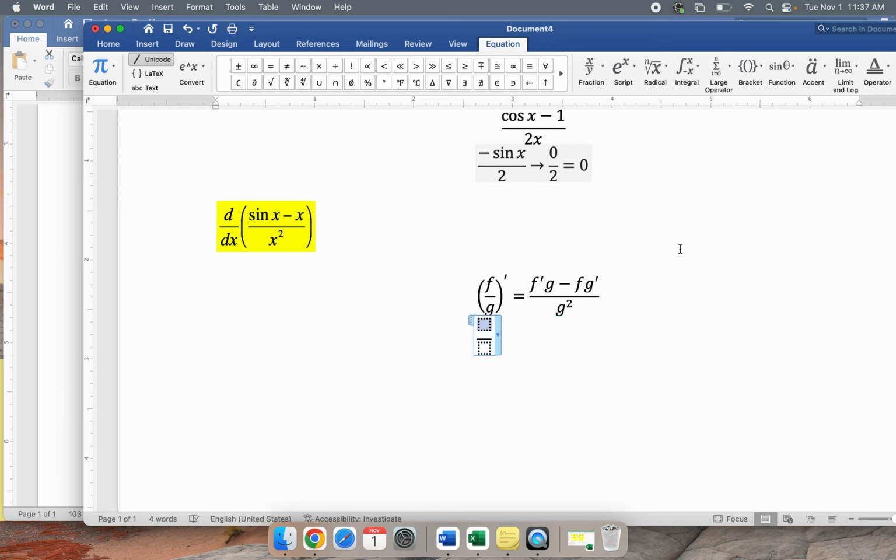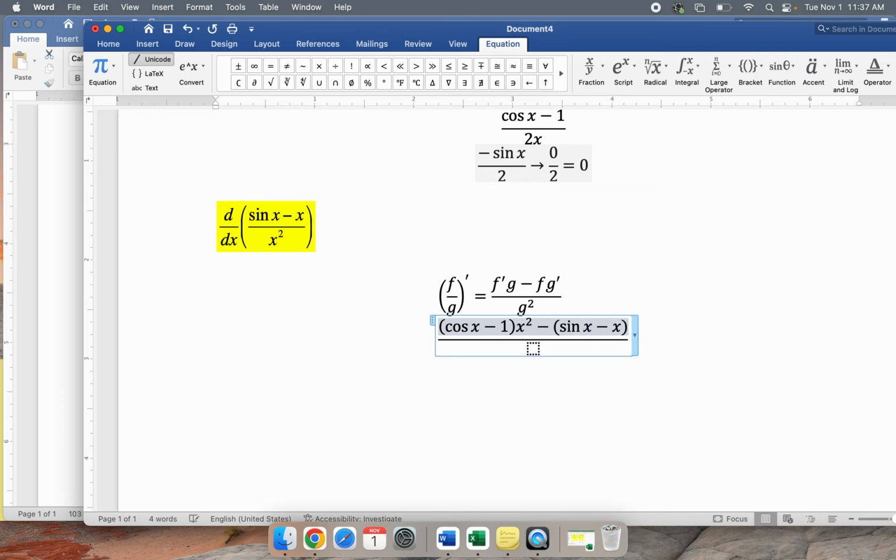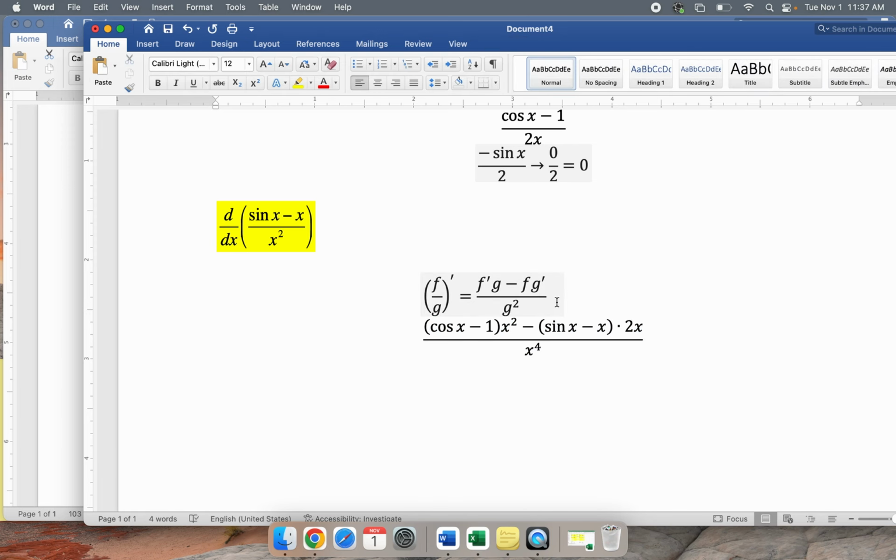The derivative of the top would be cosine x minus 1 times the bottom left alone, so that's just x squared, minus the top left alone, so that's just f, that's sine of x minus x, times the derivative of the bottom, that would be 2x. All over the bottom squared. The bottom is x squared, so if you square x squared, you'll get x to the 4th. So that is the derivative that you get applying the quotient rule. You can simplify this, but I'm not too worried about the simplification.